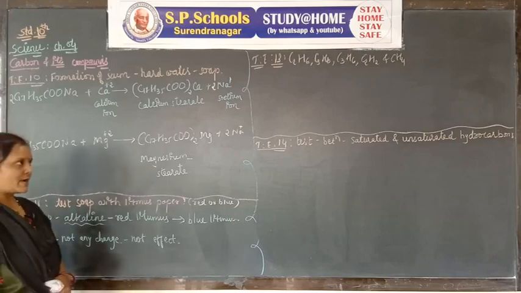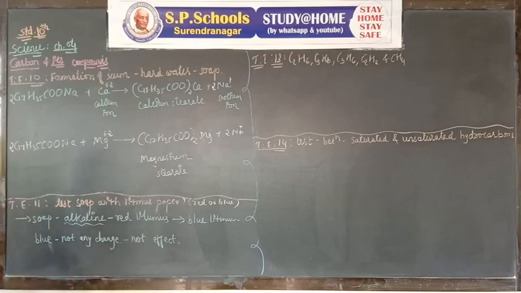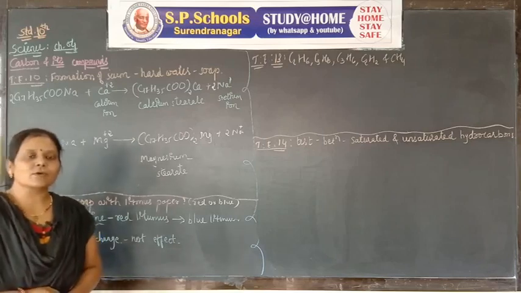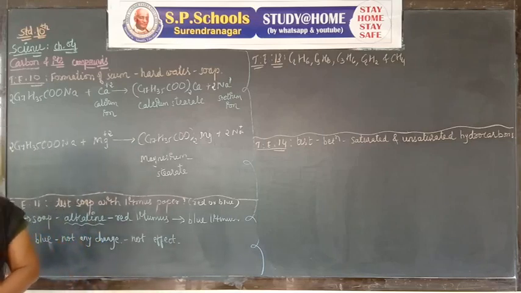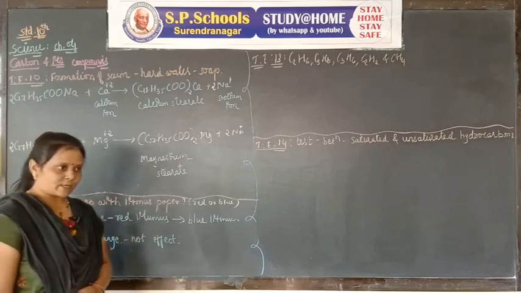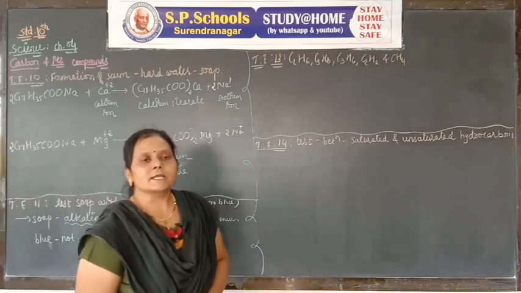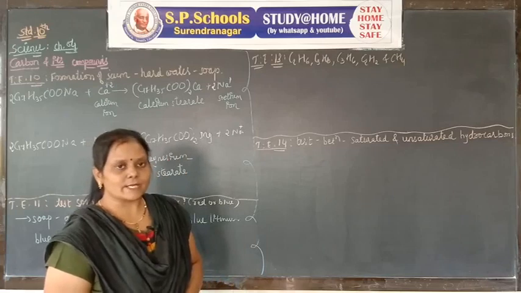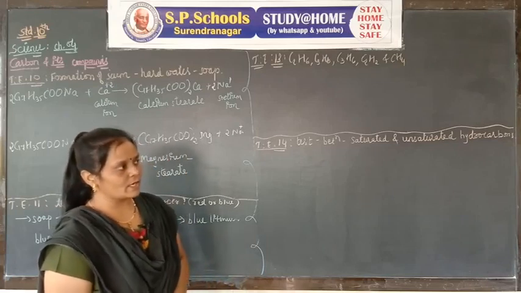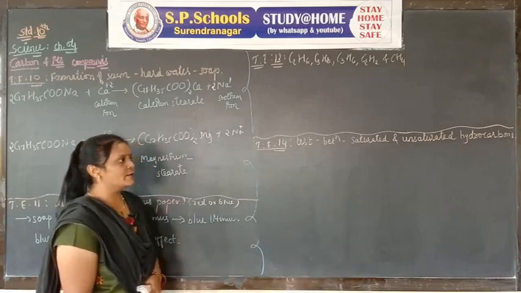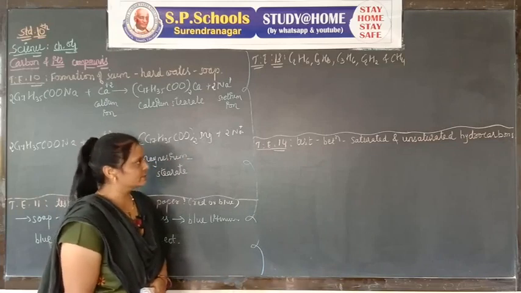Here some hydrocarbons are given. Questions 10, 11 and 12 are based on addition reaction, a chemical property of carbon compounds. We already covered addition reaction, and question 12 is based on hydrogenation.